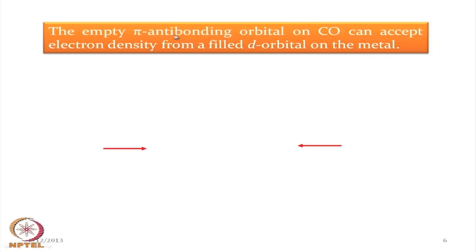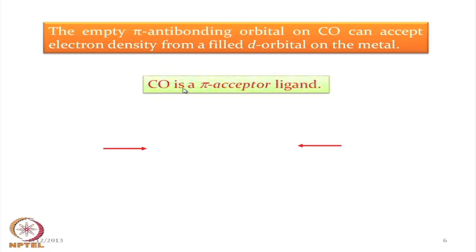So, this vacant pi star matched orbital will be utilized for accepting the electron density from the metal side to the carbon monoxide antibonding level. Therefore, this carbon monoxide molecule is a well known and well accepted pi acceptor ligand.